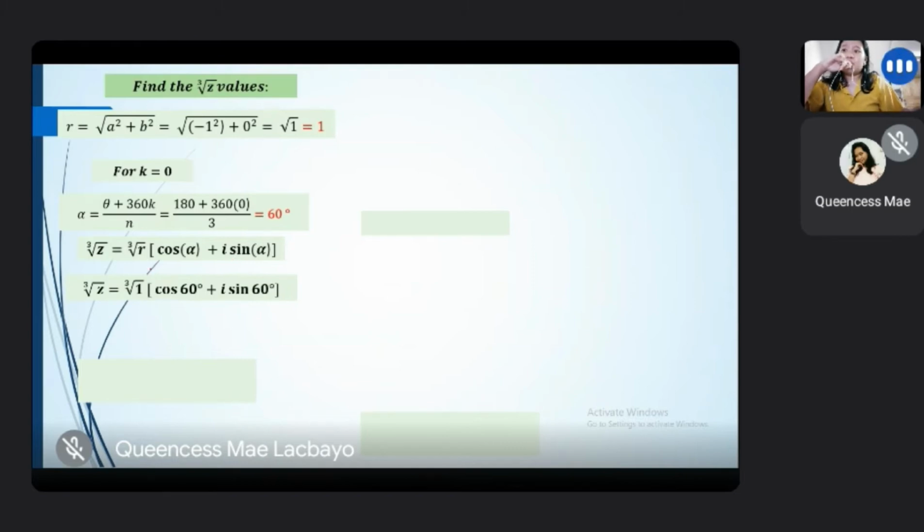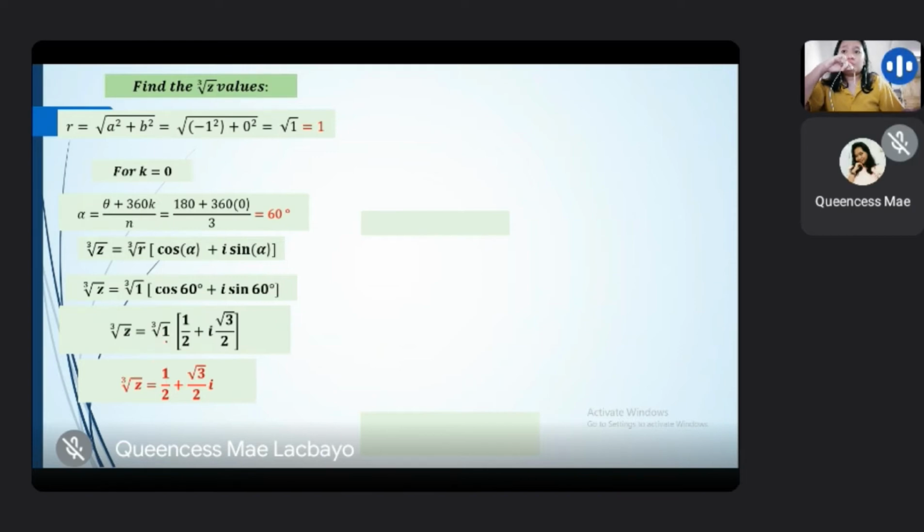So our r is 1. So the cube root of 1, bracket cosine 60, since that is our alpha in the case k equals 0, so 60. Then i sine 60. Cosine 60 is equal to 1 half, and sine 60 is equal to square root of 3 over 2. And the cube root of 1 is still 1.